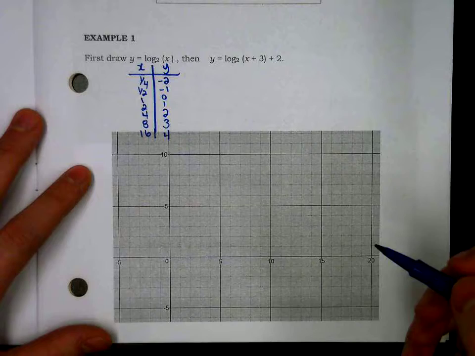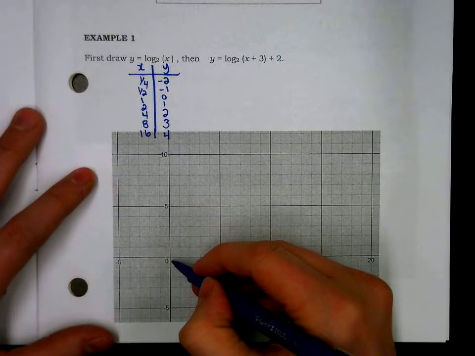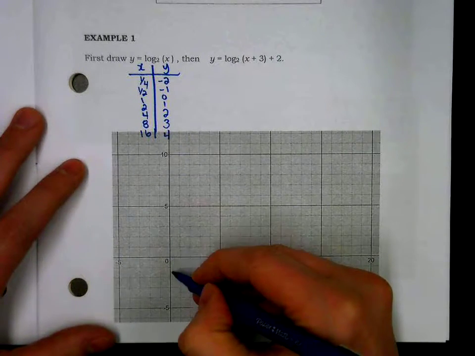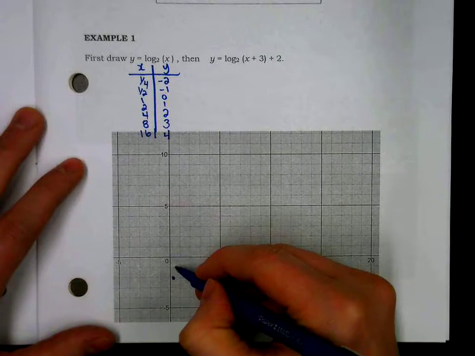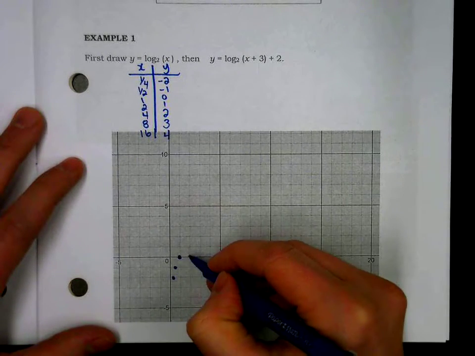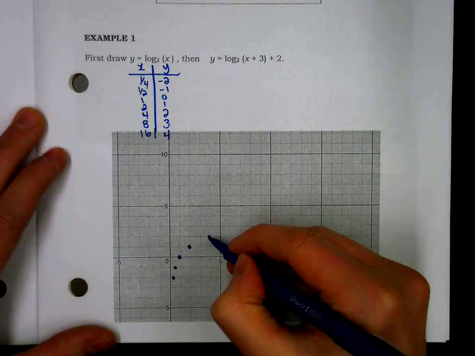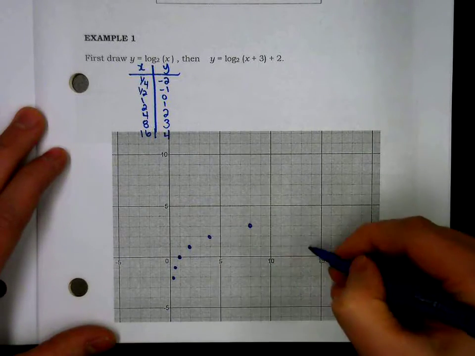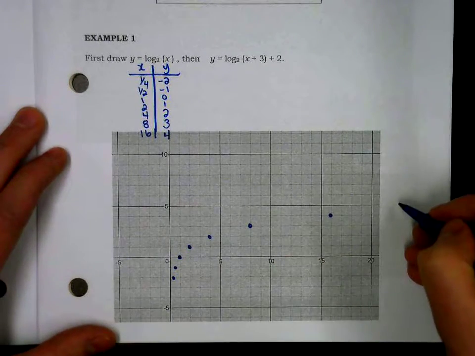So as we graph an original function, we have to be a little bit careful around our fractions like 1/4, -2, 1/2, -1, 1, 0, 2, 1, 4, 2, 8, 3, and 16, 4.